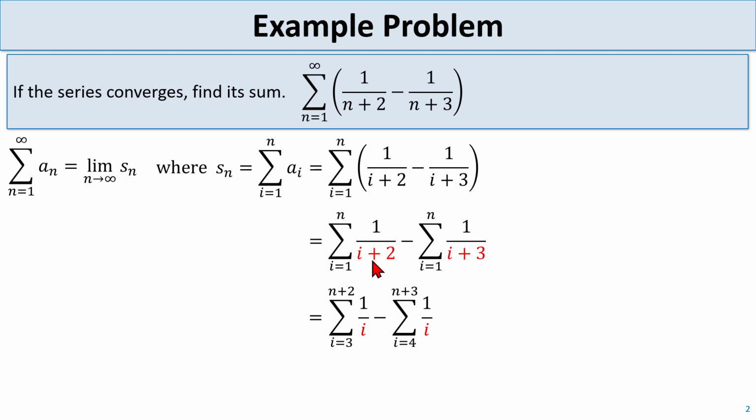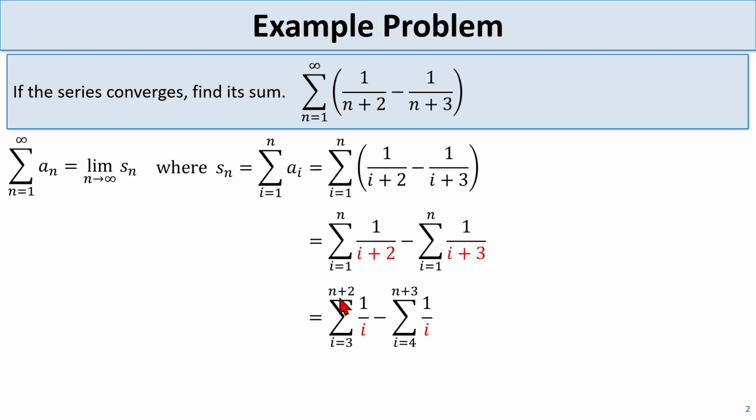When I do that, I will need to change the limits of the sum because, for example, this first sum, if I had plugged in I equals 1, then I would have ended up with a 3 in the denominator. So the first term in this sum should be I equals 3. Similarly, the last term in this sum would have been when I plugged in I equals n, which gives n plus 2.